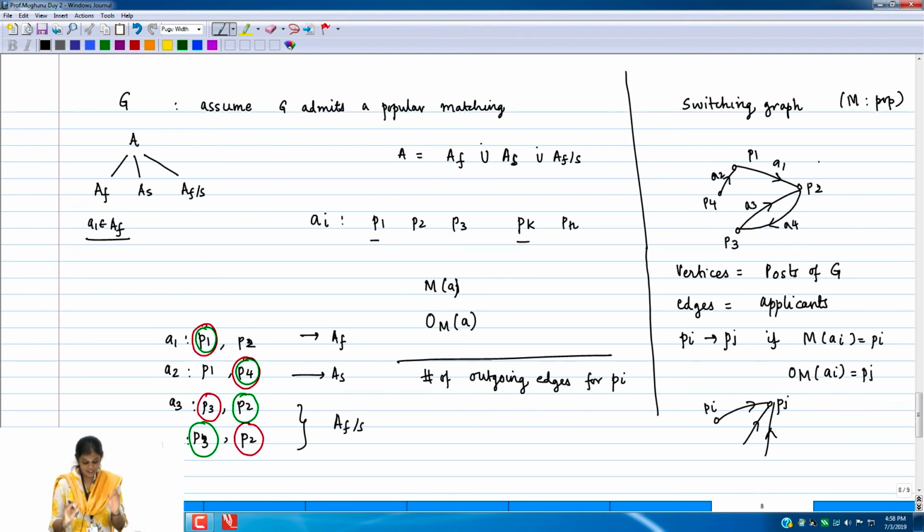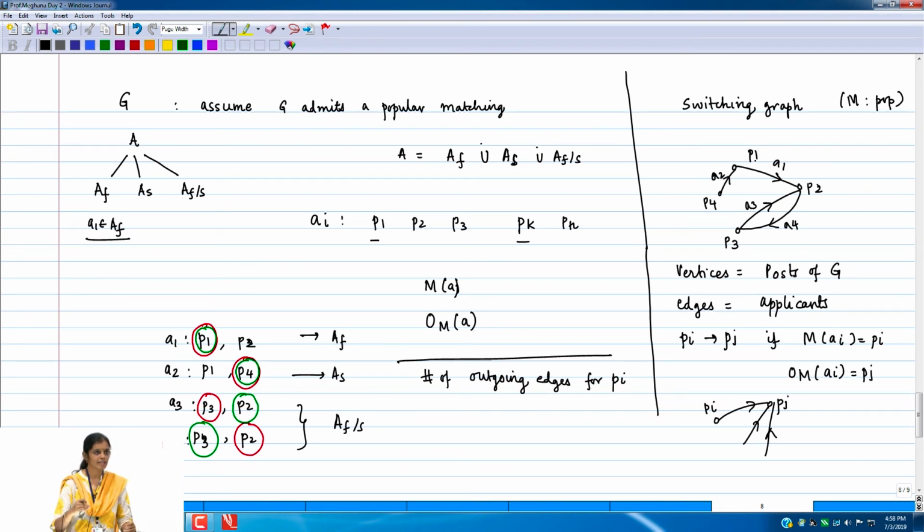Remember that we haven't identified whether it is AF or AS yet. In this example we have eyeballed and identified, but remember that if an agent is matched to somebody, it is either F or S and it always has the other thing, right? Remember the vertex corresponds to a post in the original instance.